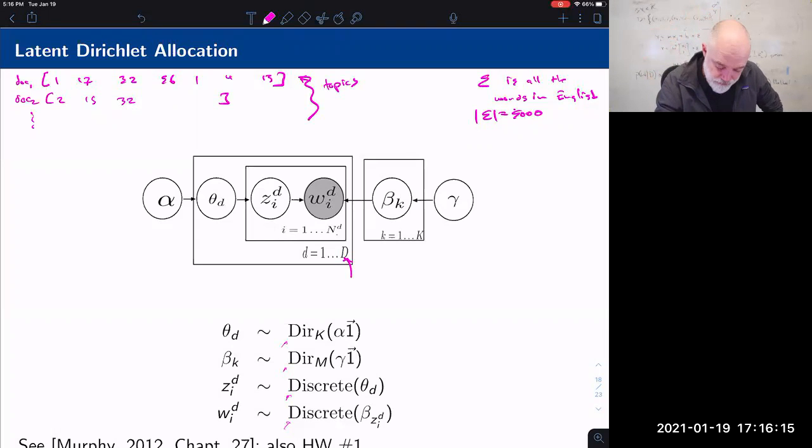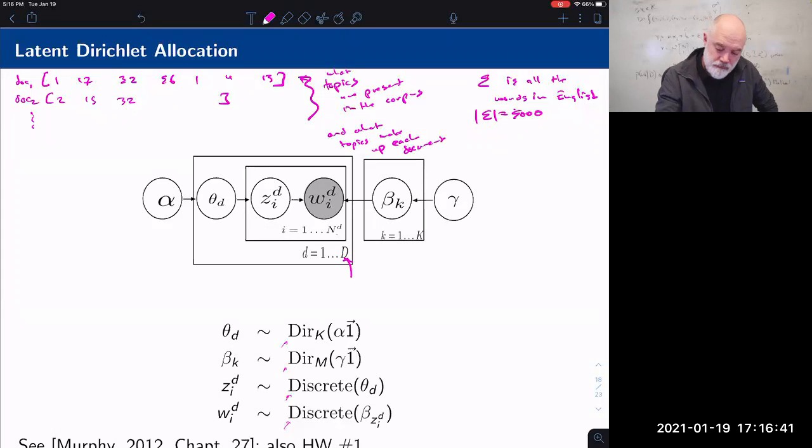Well, let's say that what topics are present in the corpus, and what topics make up each document. Okay. Towards the end of being able to, for instance, compare documents and say whether or not they're similar.